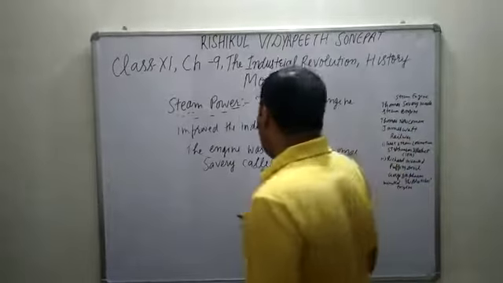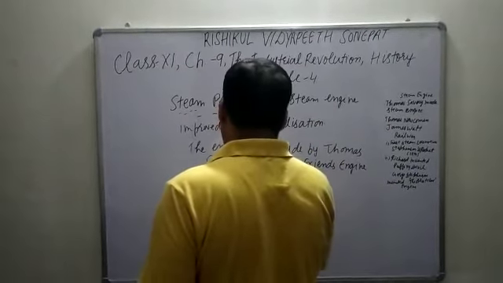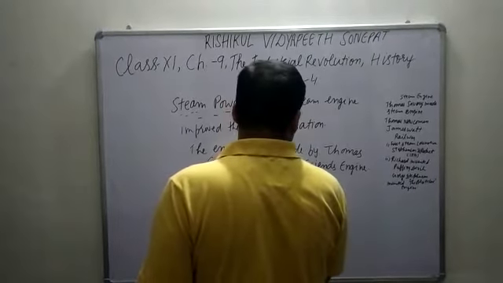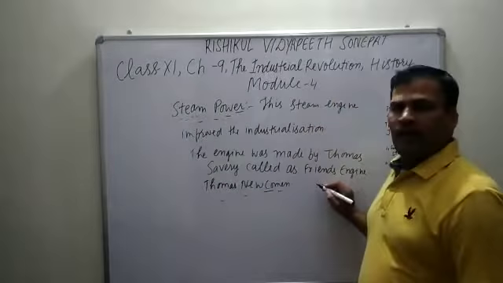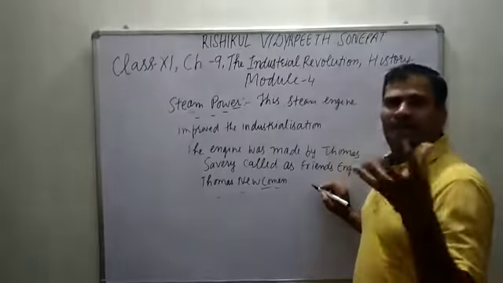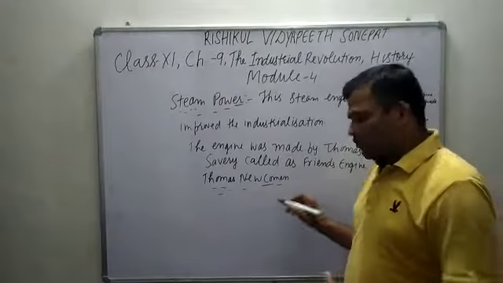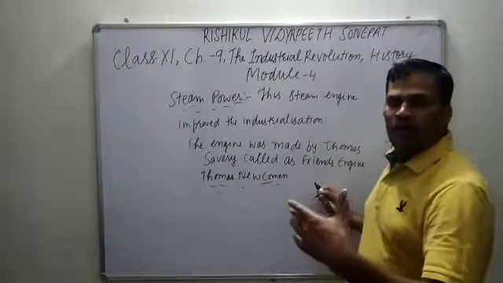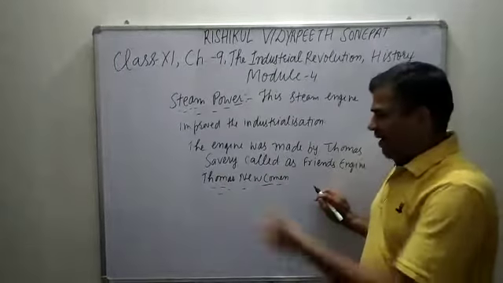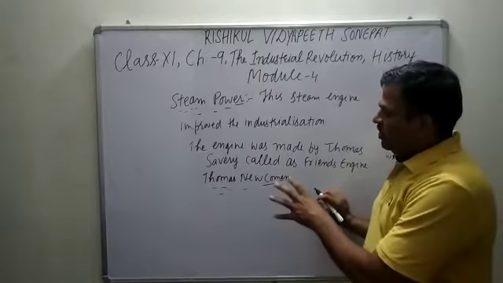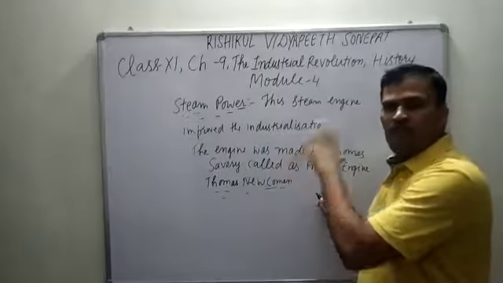Okay. The second was by Thomas Newcomen. That was one of the important ones. It was also made, but it had a drawback. When it was put inside the mine, the water condenses and it blocks, because the pressure as well as heat was required to run the steam engine.